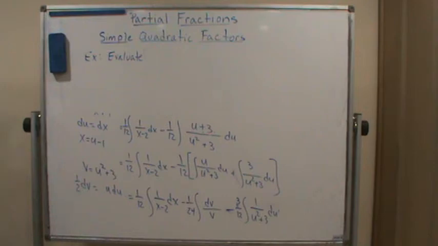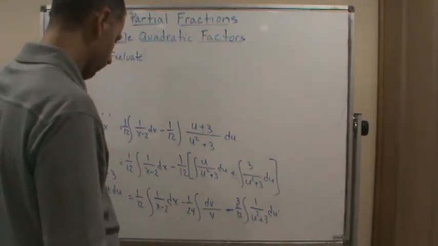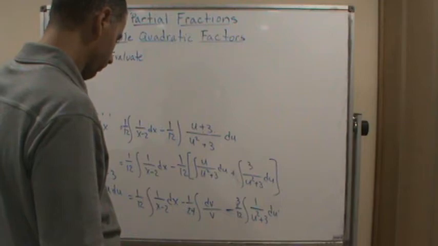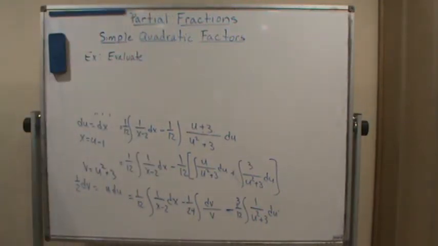So in this case, it's going to be 1 over the square root of 3. So this is going to be a fourth, right?